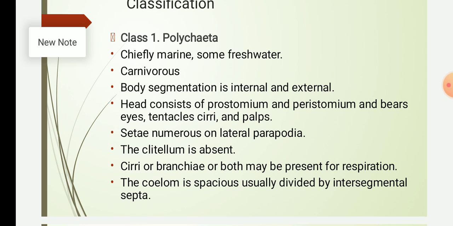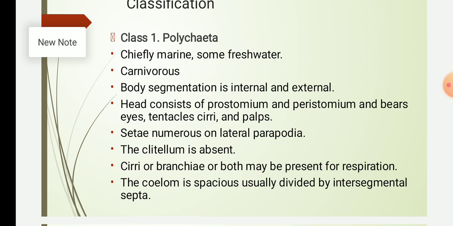So what is the prostomium? The prostomium is the first body segment in annelids, and it is in front of the mouth. This prostomium is a small shelf or lip-like extension on the dorsal side of the mouth.